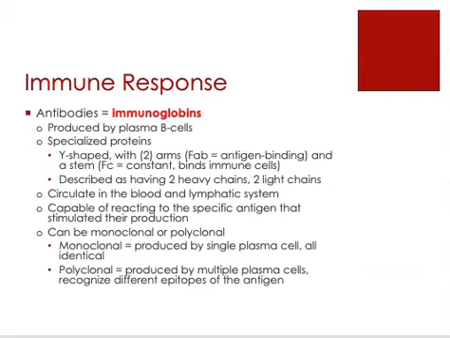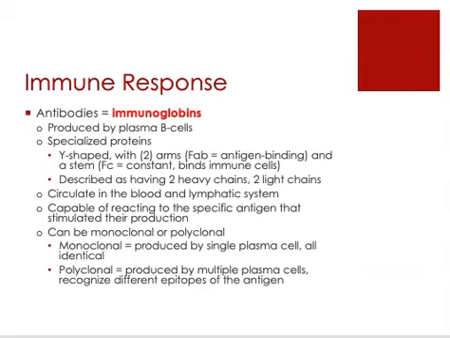Polyclonal antibodies are different. Polyclonal antibodies are all produced by different plasma cells, and so they often respond to different epitopes of the same antigen. So monoclonal, one type of clone; polyclonal, many types of clones.